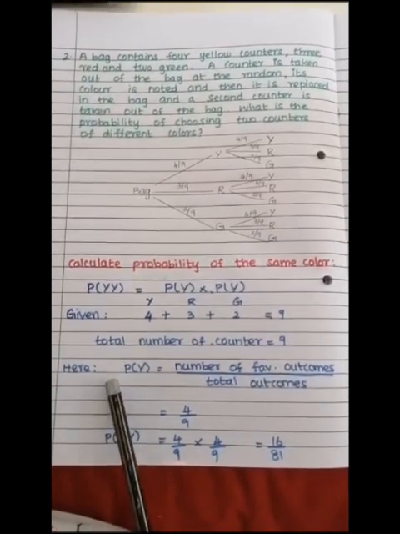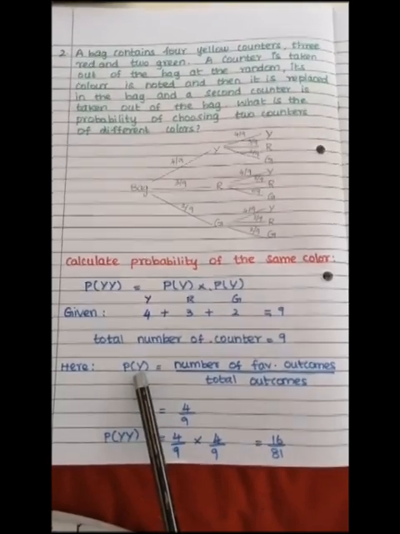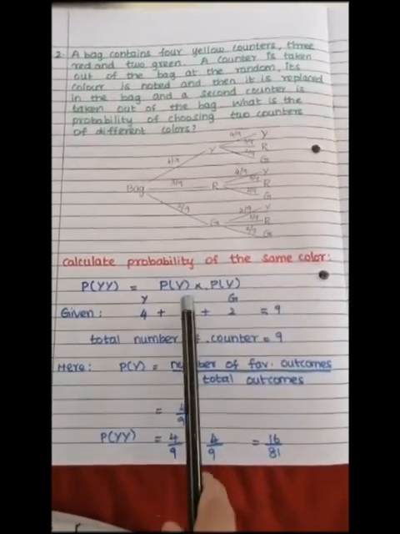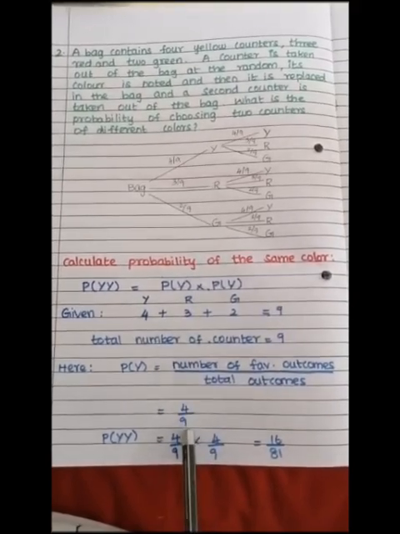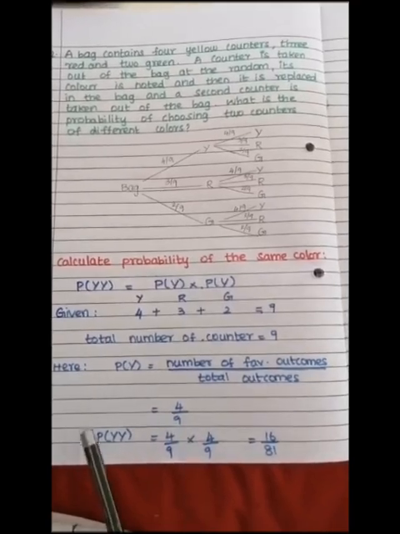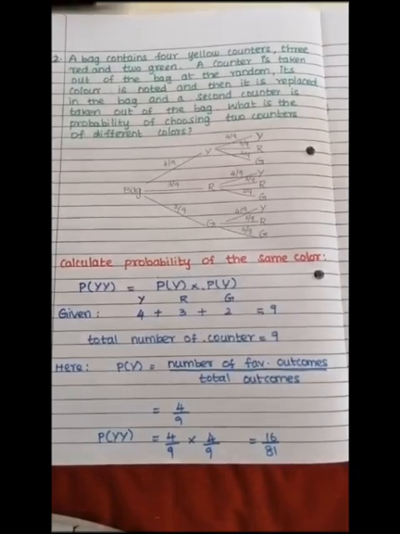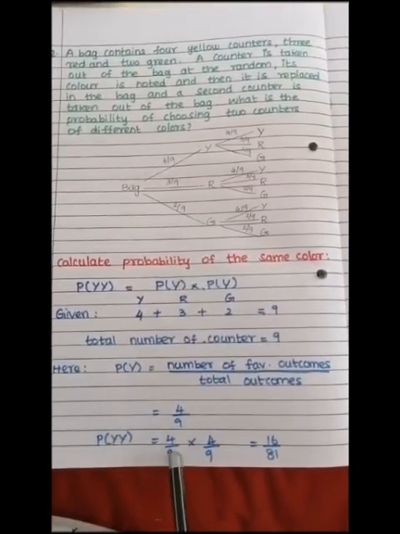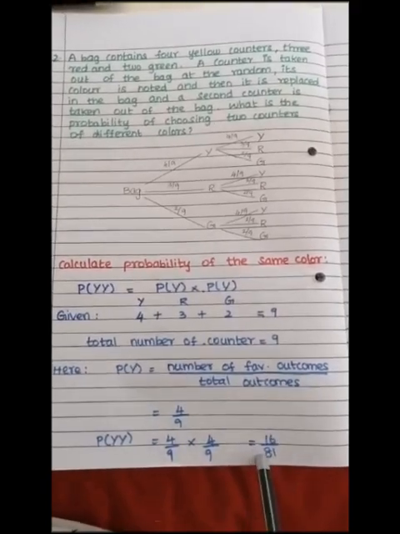Here we have to find P of Y, the probability of getting yellow, which is total favorable yellow 4 divided by total outcomes 9. So 4 by 9. For the same color twice, we get P of YY equal to 4 divided by 9 times 4 divided by 9, which is 16 by 81.